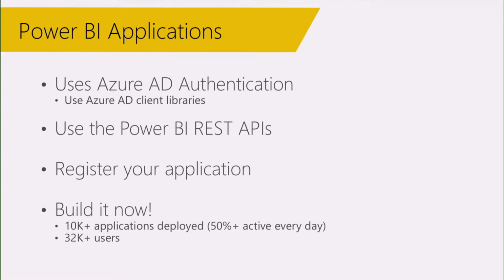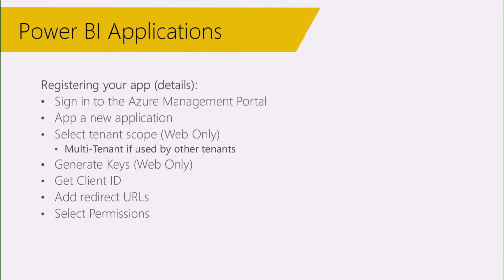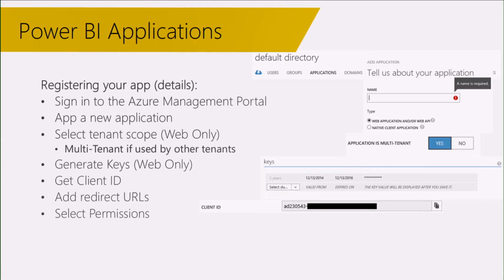So we actually have well over 10,000 applications already deployed running against Power BI, and a bit over 32,000 users at the moment using those applications. These numbers are a little old. So to register your app, there are 2 ways to do it. You can do it through Azure Active Directory, through the Azure portal, and there's a whole bunch of steps if you do it that way.